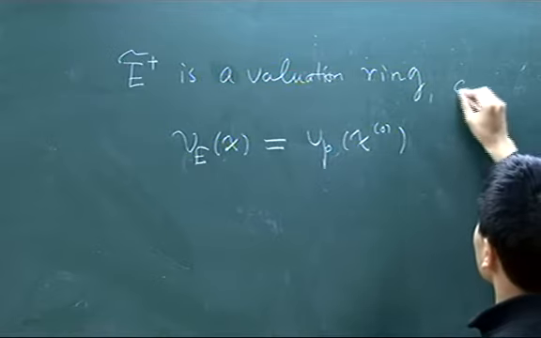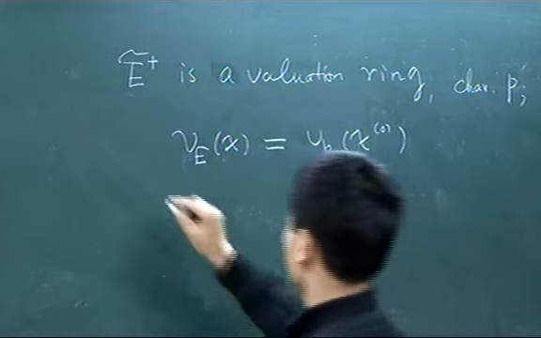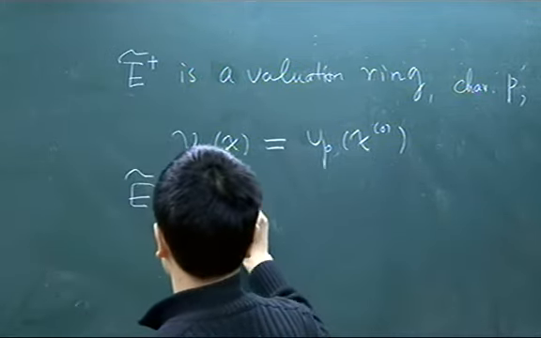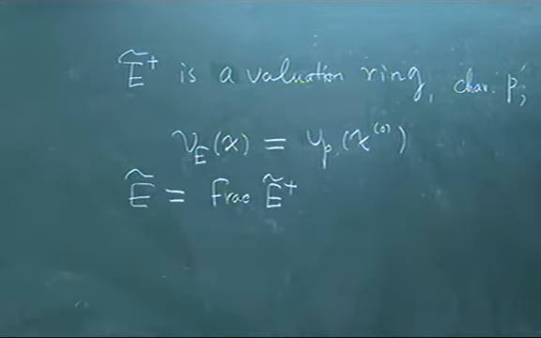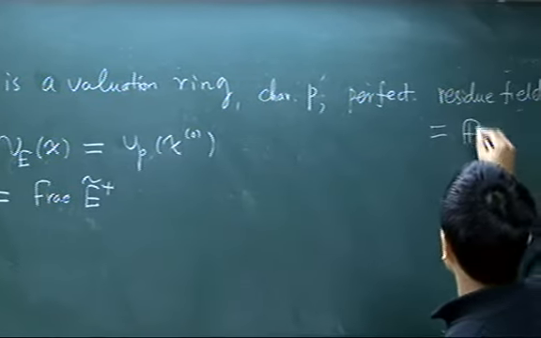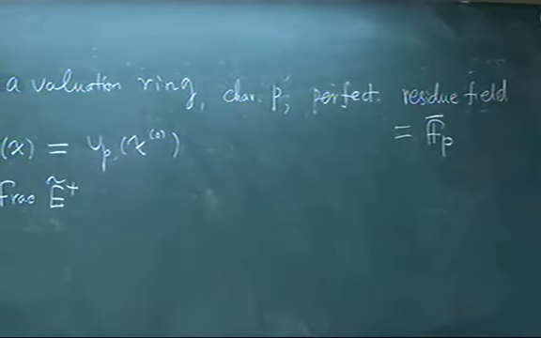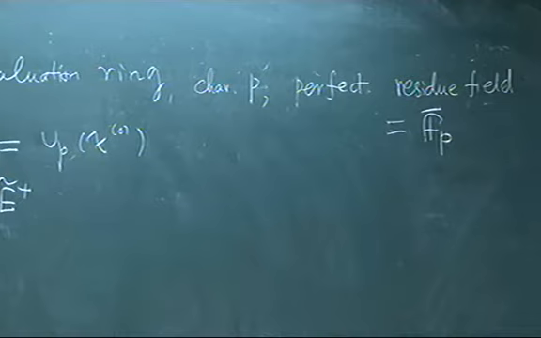And E tilde is the fraction field of E tilde plus. The residue field is just F_p bar, the algebraic closure of finite fields. So this is E tilde.